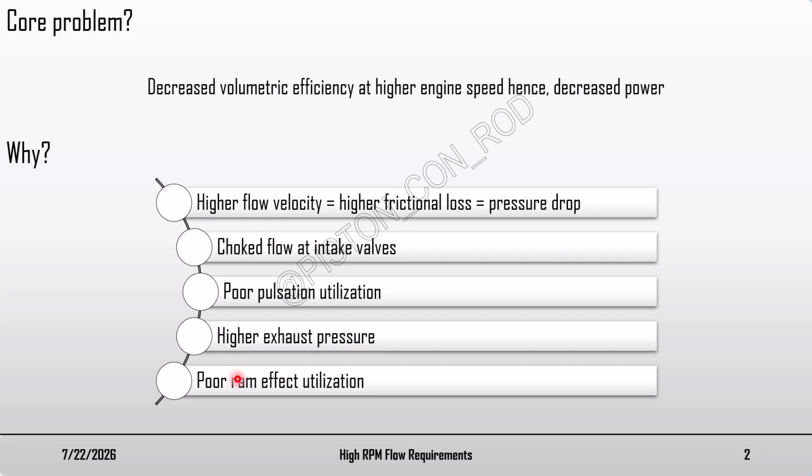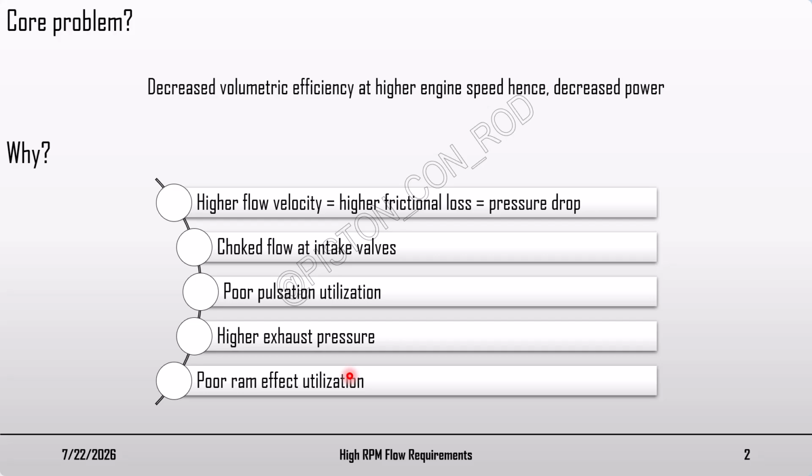The last one is poor ram effect utilization, just like pulsation. This is a phenomenon that can be used to increase volumetric efficiency at higher RPMs. The intake valve closes after the start of the compression stroke, at some time after bottom dead center, like 50 degrees after.